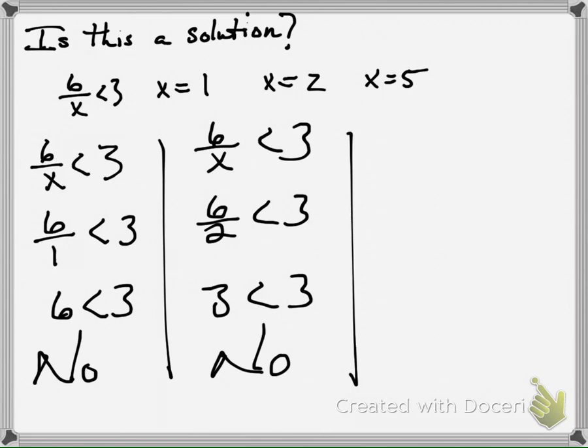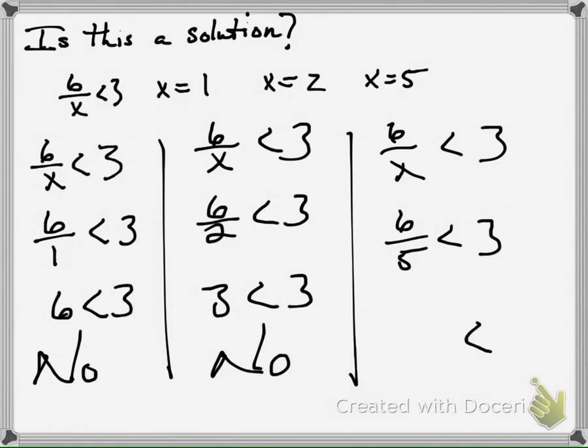And our last one is 5. 6 over x is less than 3. 6 over 5 is less than 3. And so 6 over 5, it's like 1 something, right? 1 and a little bit more, 1 and 2/10, because it'd be an extra 1/5, which would be 0.2, or I could have written 1 and 1/5.